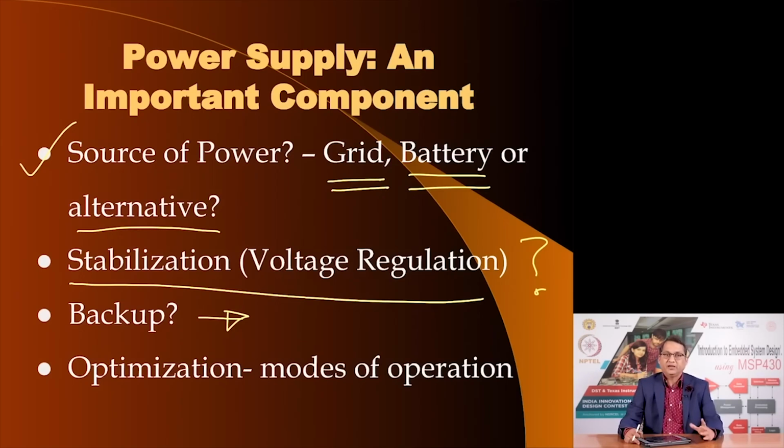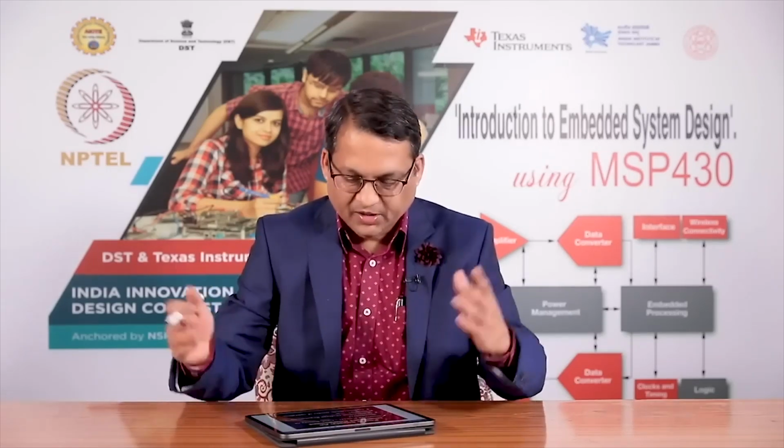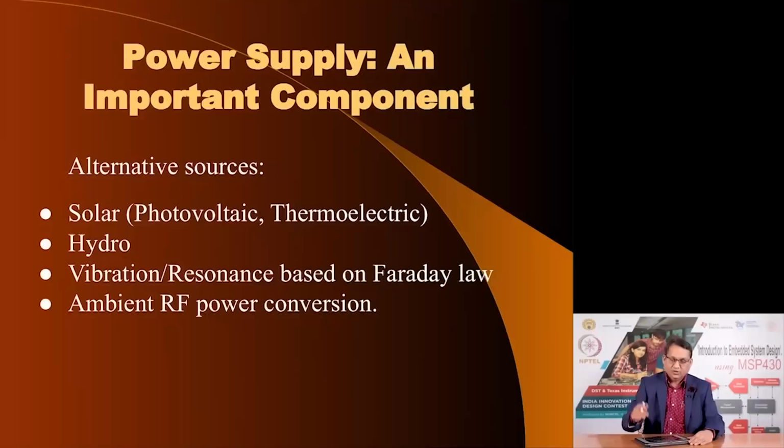You would want to optimize its utilization, and so the modes of operation which are dependent on the microcontroller features, as we discussed in the previous lecture, you would want to invoke those modes so as to conserve available power. Let us go to the next slide.